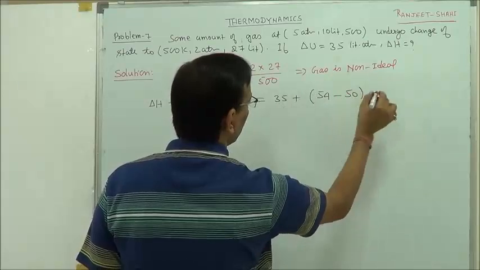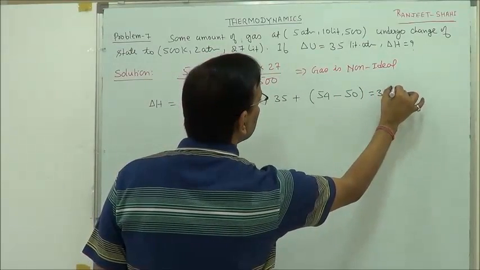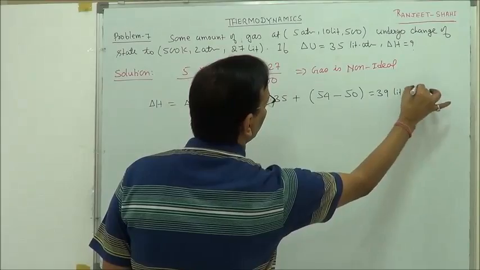So 4 plus 35, it is 39 liter atmosphere.